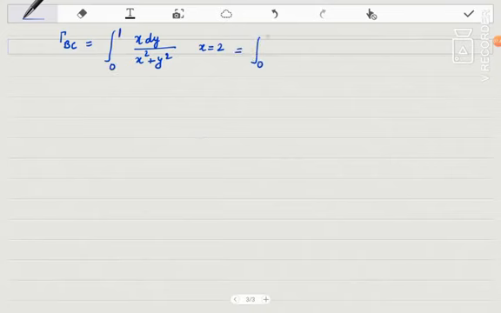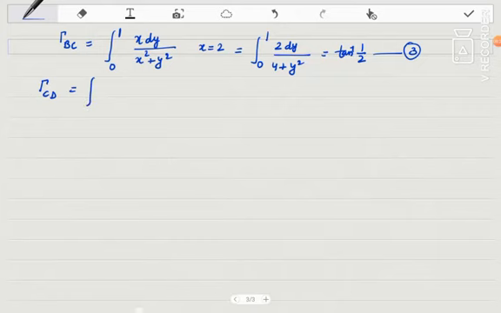So it will be the integral from 0 to 1 of 2 dy upon 4 plus y square. I have easily calculated it for the limits 0 to 1, and it will be tan inverse of 1 by 2.